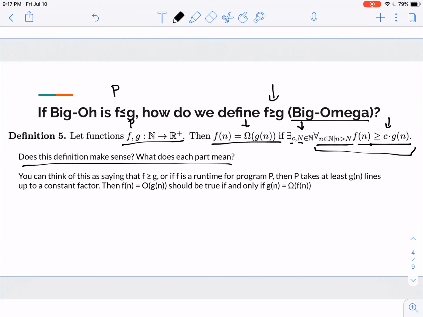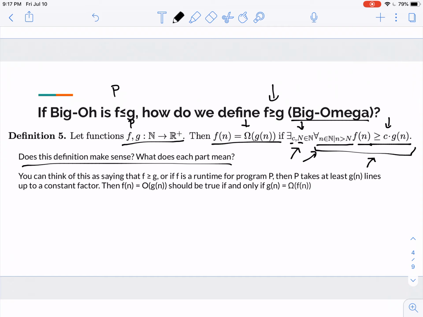So you can think of this as saying f is greater than or equal to g, right? Because we're saying that asymptotically, for inputs that are at least a certain size, f, which is the runtime of P, takes longer than g, within some constant factor.